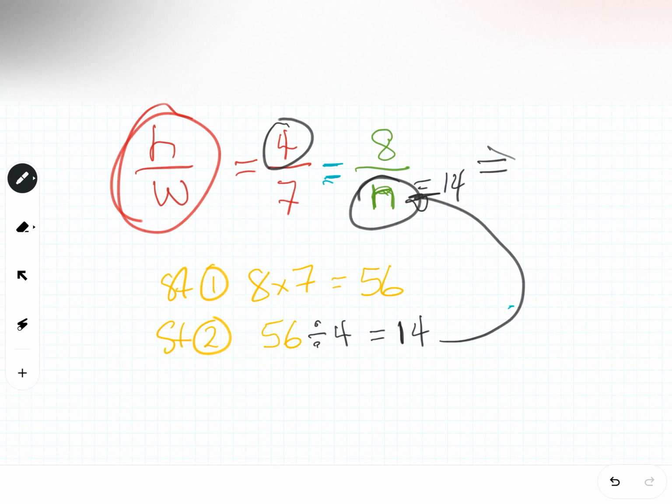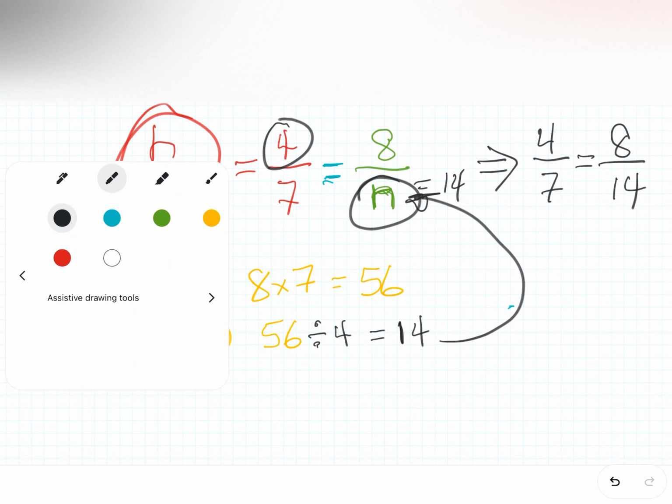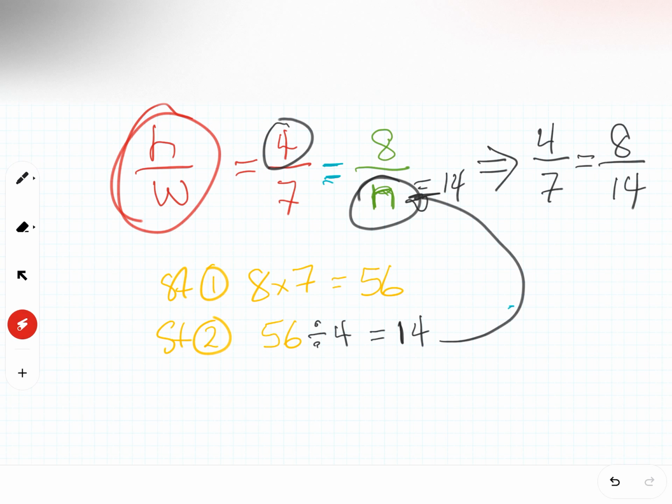So I can write this whole proportion now with everything that I know. The original diagram was a comparison of height to width of 4 to 7. Now, the enlarged image is a ratio of 8 to 14, and those are equal. The diagram remained proportional. It didn't look overstretched or shrunk.